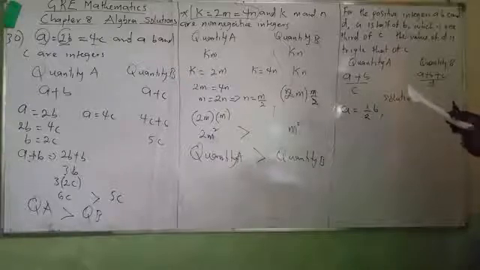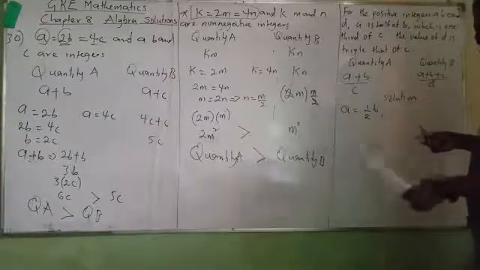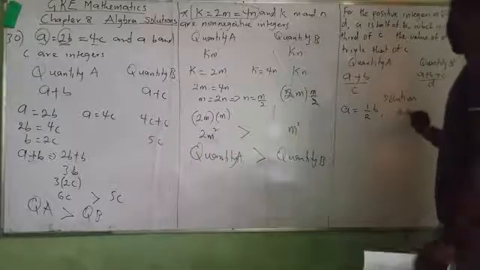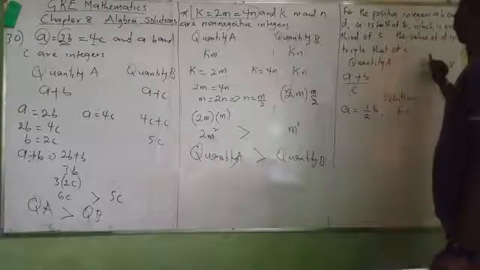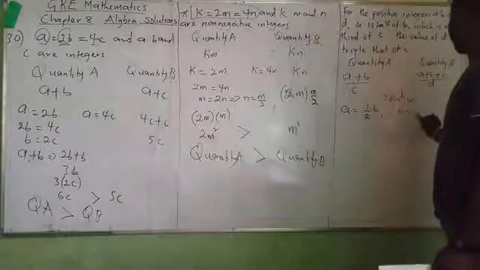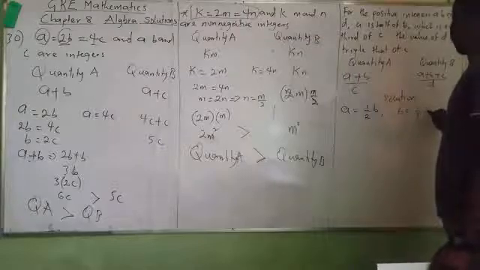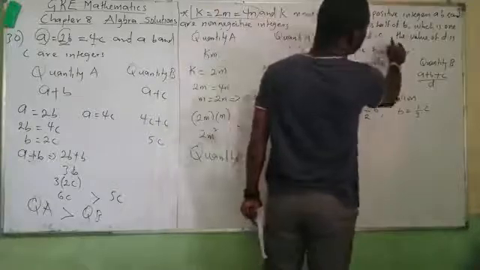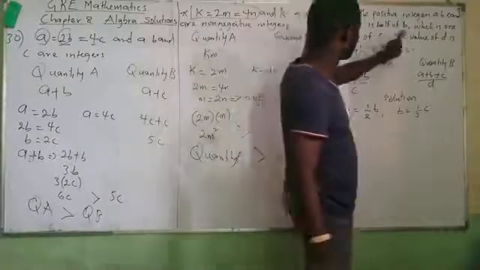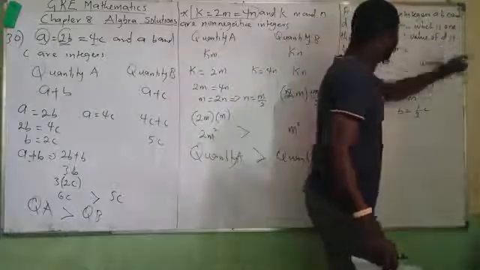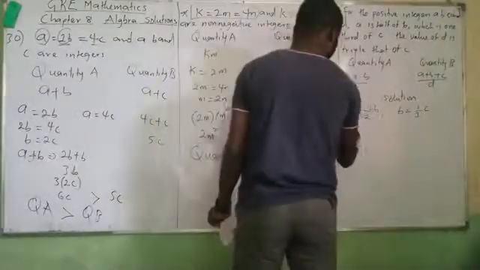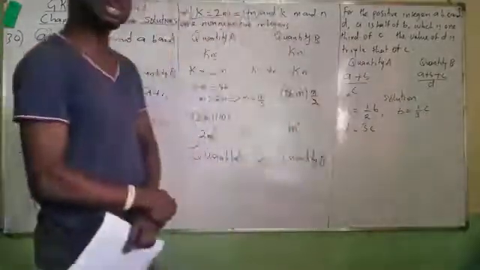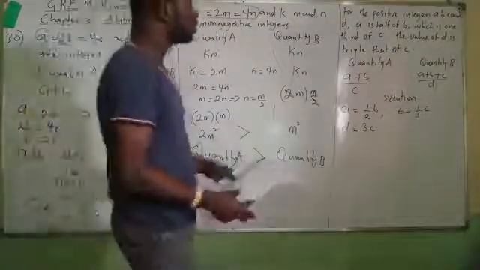B is 1/3 of what? 1/3 of C. It means B is 1 all over 3 of C. And the value of D is thrice C. It means my D is thrice of C. Now, can you see this is how to generate the relation?